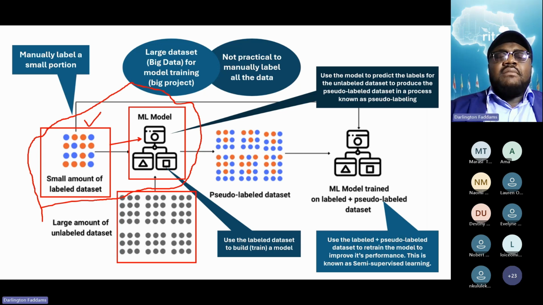You see, when we have a model, the purpose of the model is to work. So let me give an example. Let's say we are building a classification model that will classify between cats and dogs.